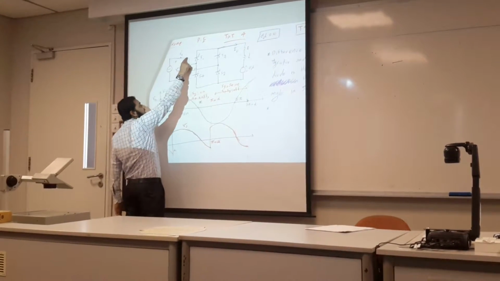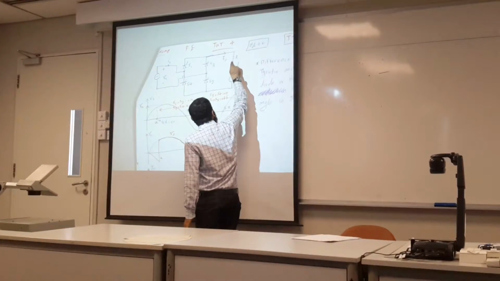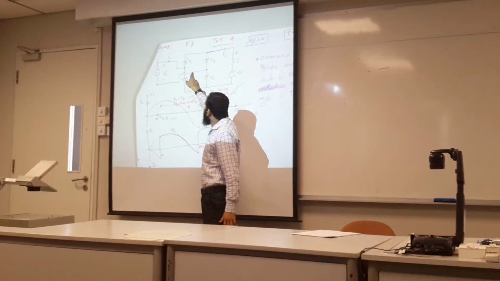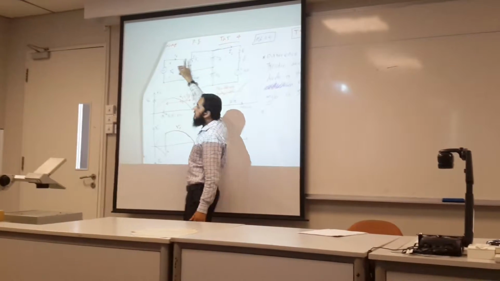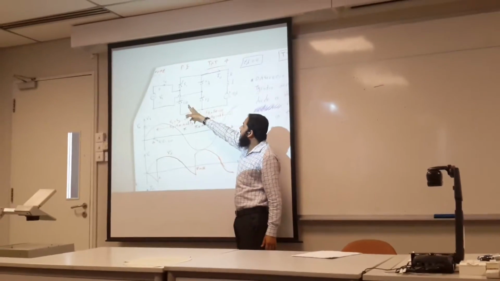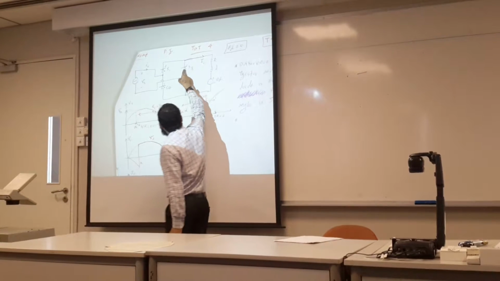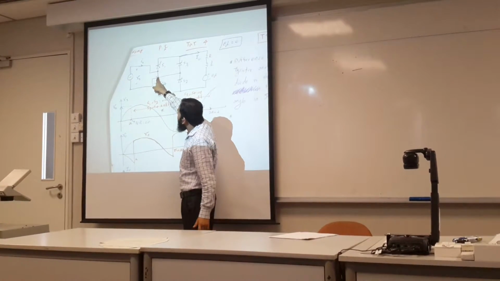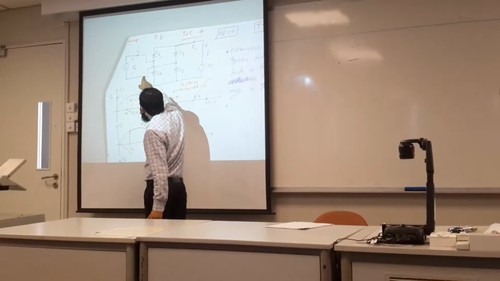So now see, when S1 and S2 are on, how is the current flowing? The current is flowing like this. Okay. So the current is flowing in the direction of IS and I0. Now when S3 and S4 are on, when S3 is on, the current must go from this side. That means current should come from here, and current will be flowing like this.